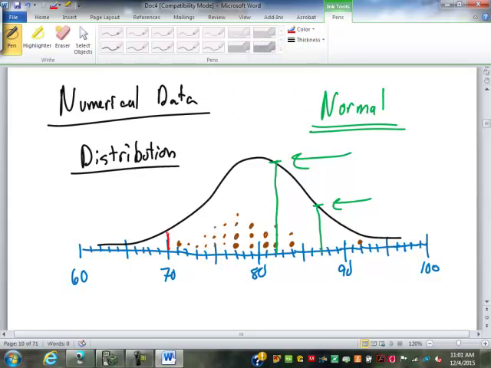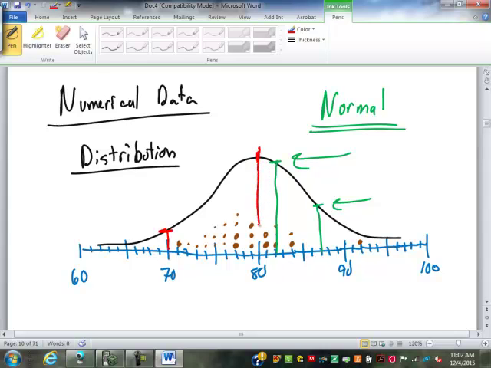So obviously we would expect fewer people to have a score of 70 because the curve is lower there. Well, that's what the distribution is. Now there's two things that we can use to describe this distribution. If we wanted to summarize it numerically, we would have to describe the center. Now the center for a bell curve is at the highest point here.